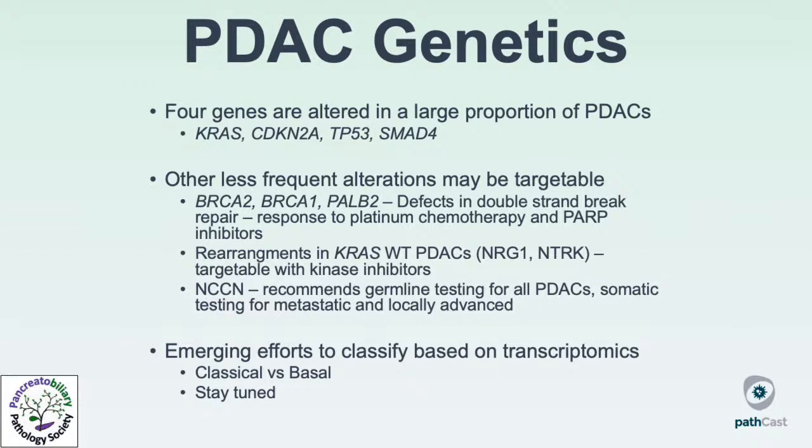So there's kind of an attempt to do a binary classification. These do seem to have some implications on prognosis and propensity to metastasize, with the basal tumors having a worse prognosis and being more prone to metastasize. But right now there are no clinical decisions that are made based on this classification, but it is a rapidly evolving field.